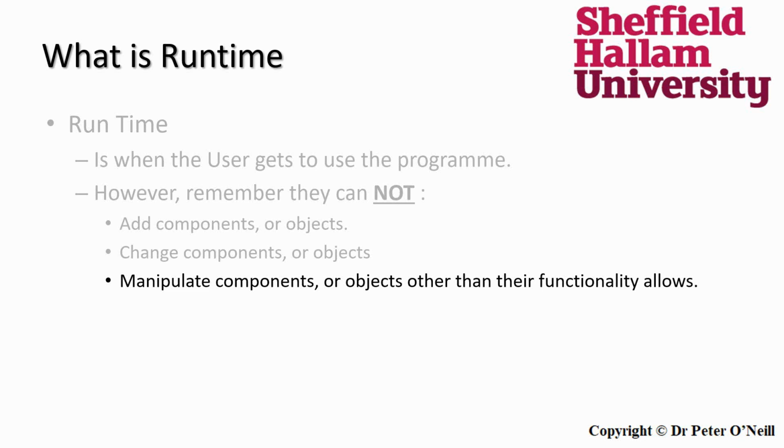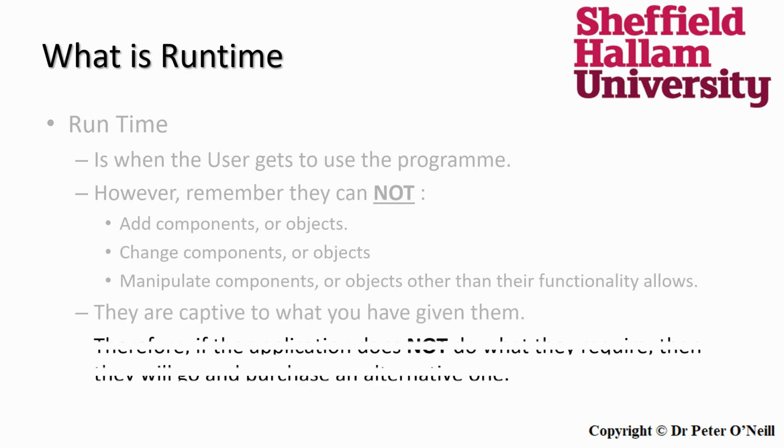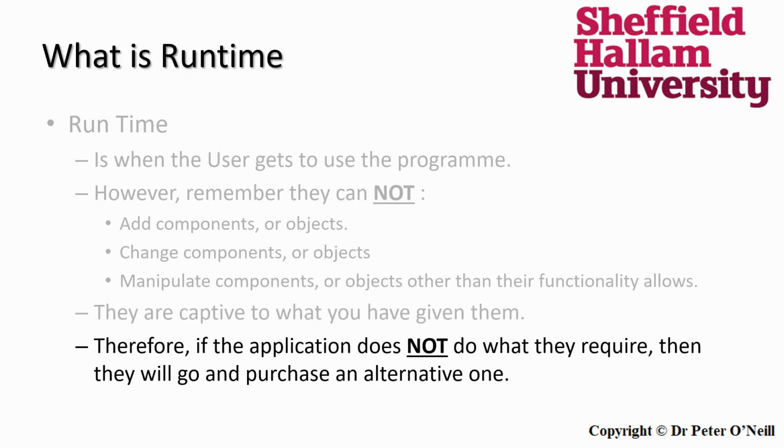So they can only do what you've told them they are able to do. They are captive to what you have given them. Therefore, if the application does not do what they require, they won't purchase the product. They'll go and get it from somewhere else, which in the long term, as a software engineer, means you'll be out of a job.